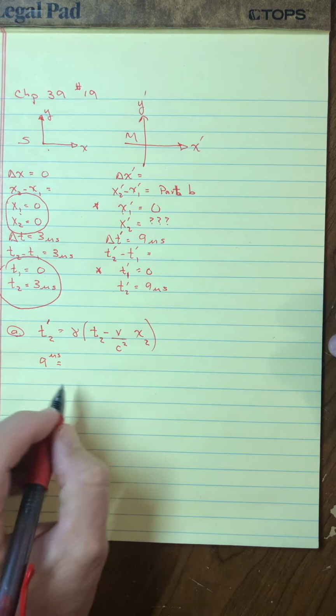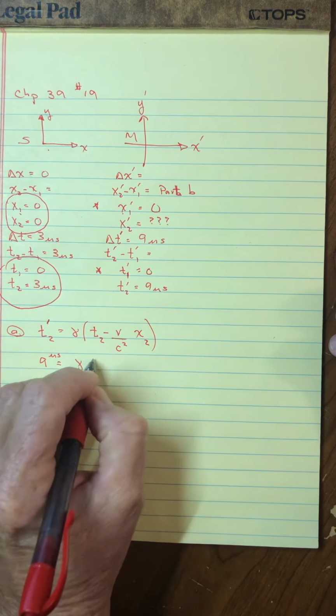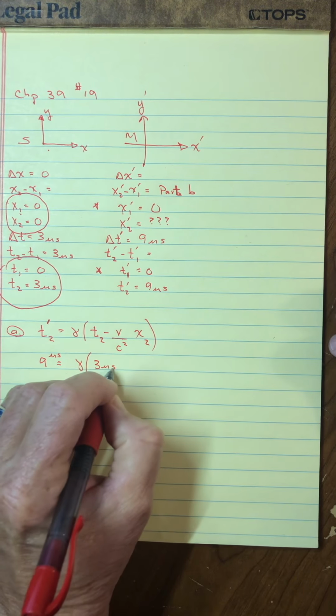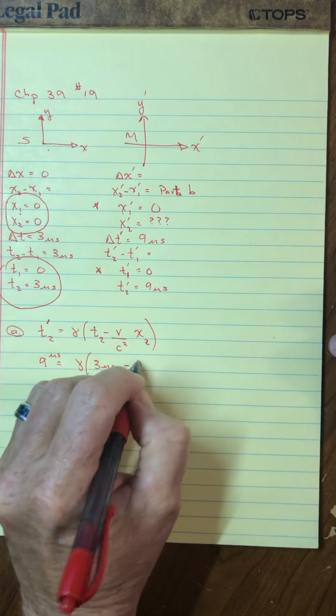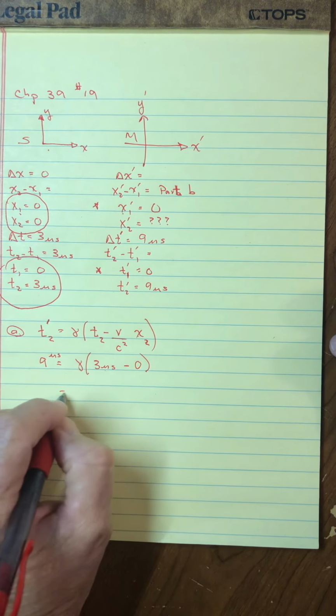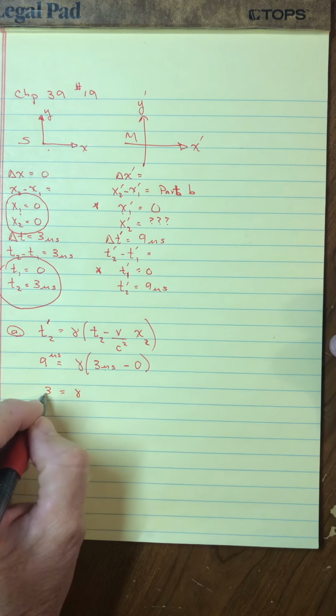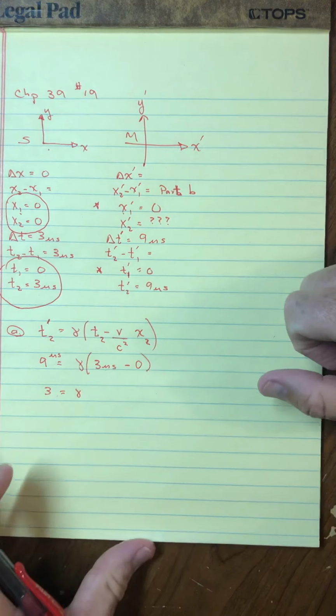I should put the units. Here's the gamma factor. We know time number 2 is 3 microseconds. And we know position number 2 is 0. And so moving this 3 over to here, we have a gamma factor of 3, which is what I said earlier this was going to come out to be.